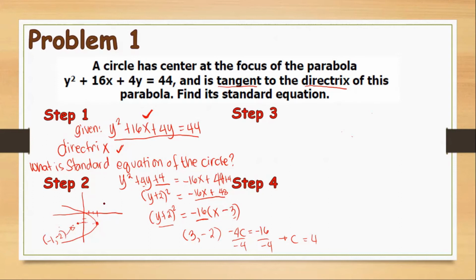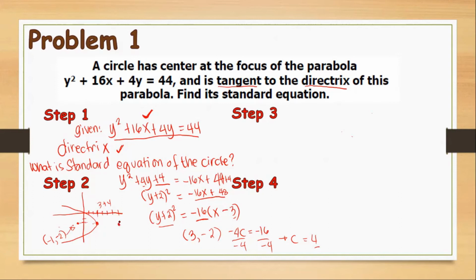And also, it is tangent to the directrix of the parabola. So what will be the directrix? If we have 3 here and our c is 4, then our directrix will be 3 plus 4, which is 7. So we have 4, 5, 6, 7.